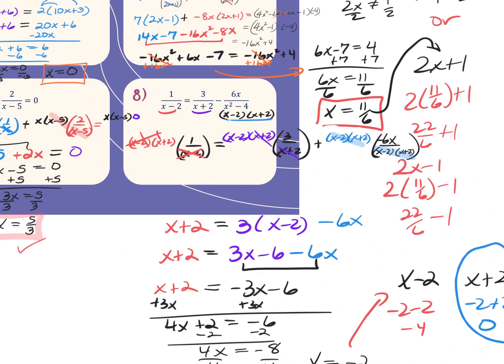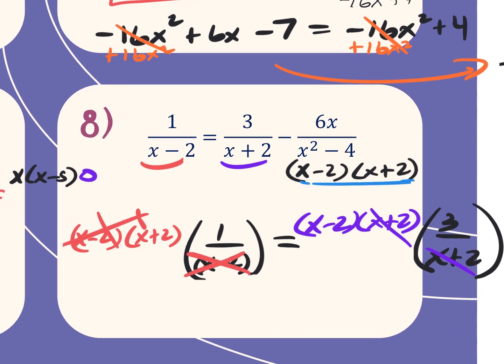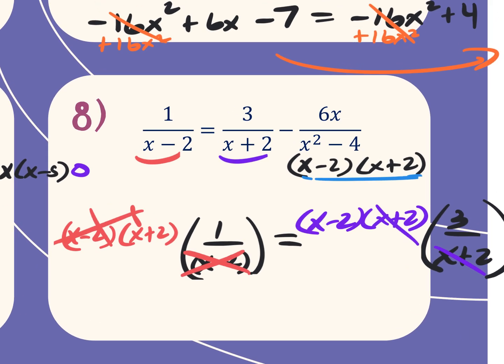If I come back up here to my original problem, and if I put a negative 2 here, this makes this denominator equal 0. I can never ever divide something by 0, so this problem is undefined just because of this one fraction, because 3 divided by 0 is undefined. Good?